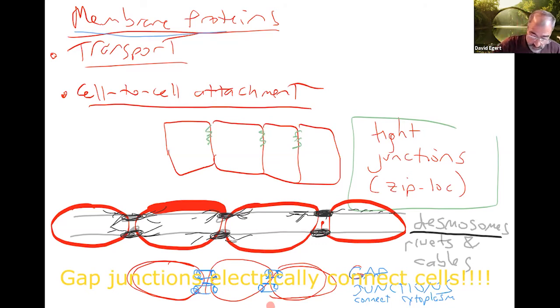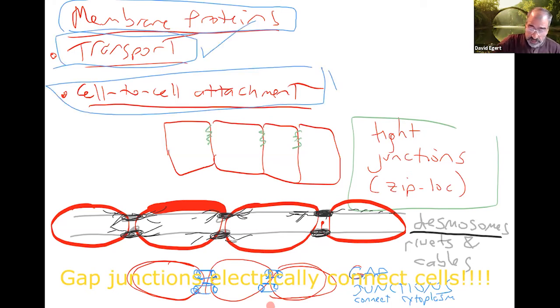All right. So membrane proteins, we have transport, check. Cell-to-cell attachment, check. But wait, there's lots more. What are some more examples here of different jobs membrane proteins do?